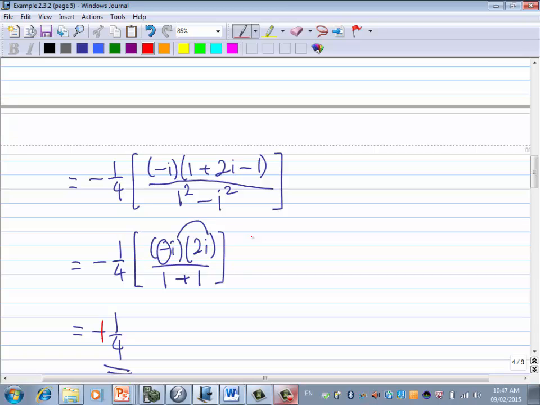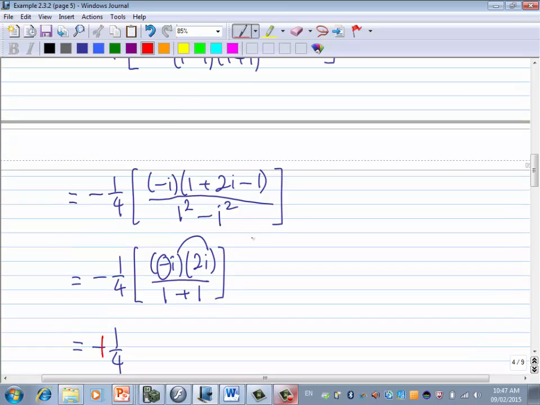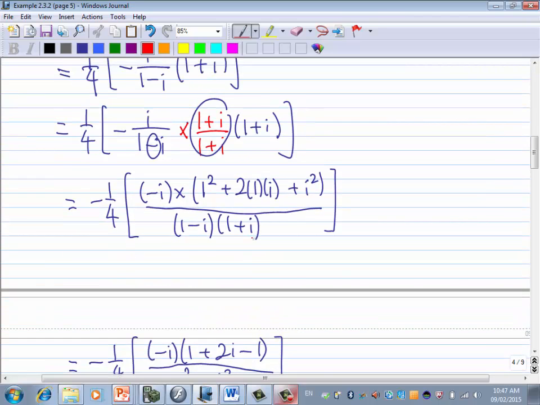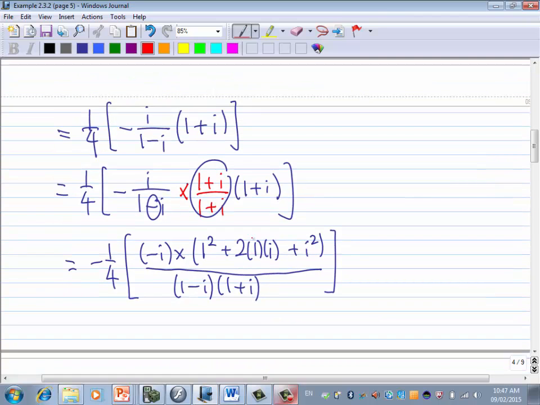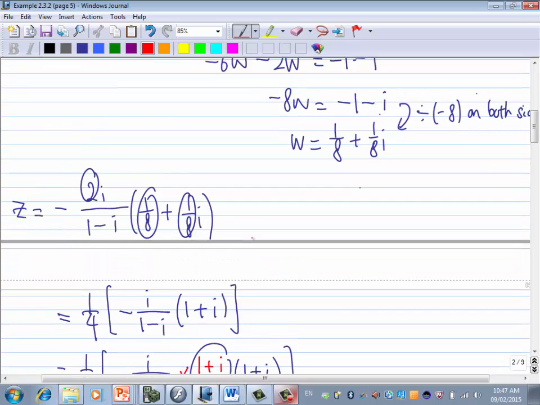Negative 1? Where? Yours is 1/4, is it? But 1 over 8 plus 1 over 8i is correct, right?